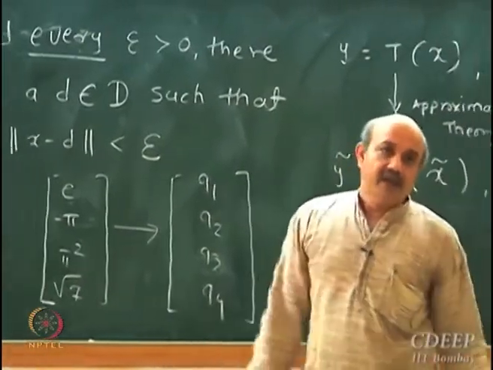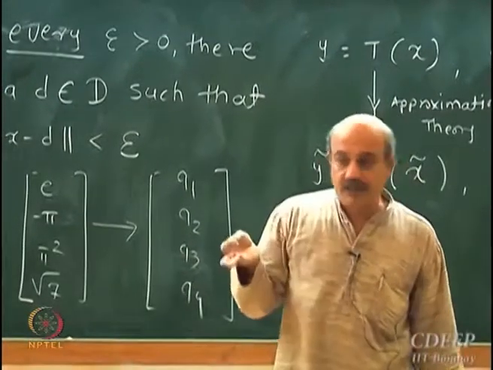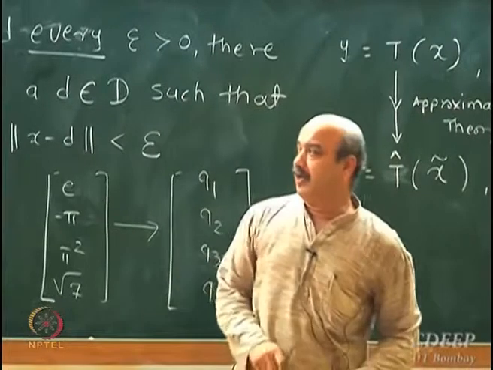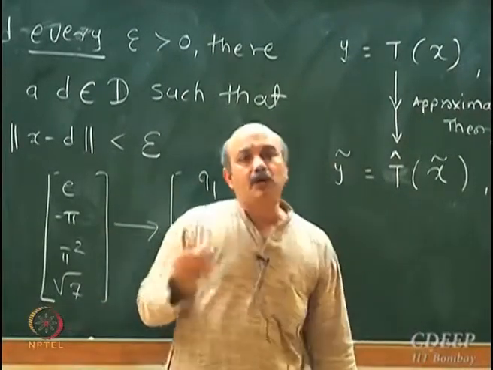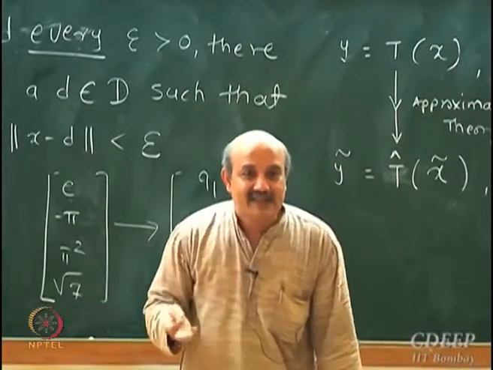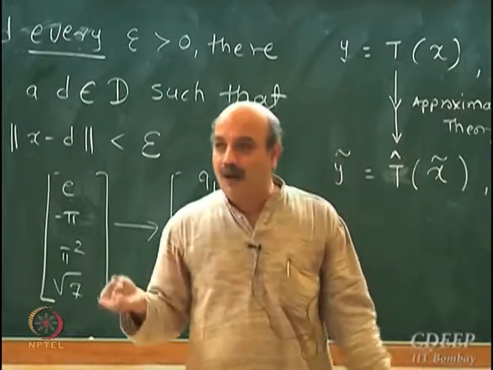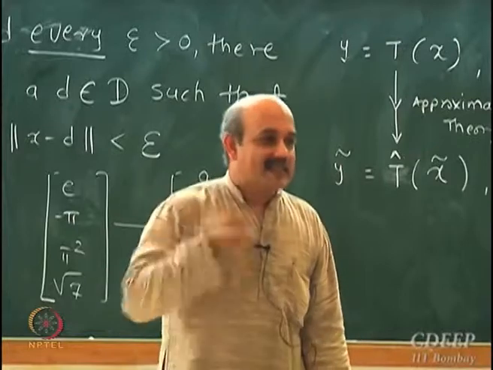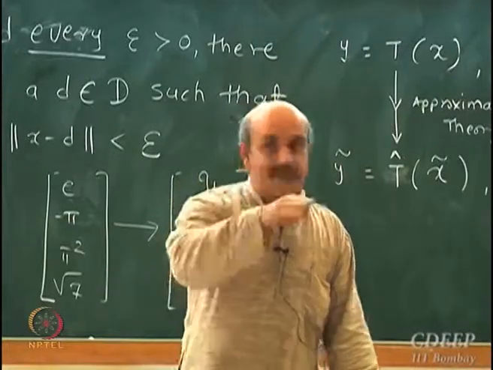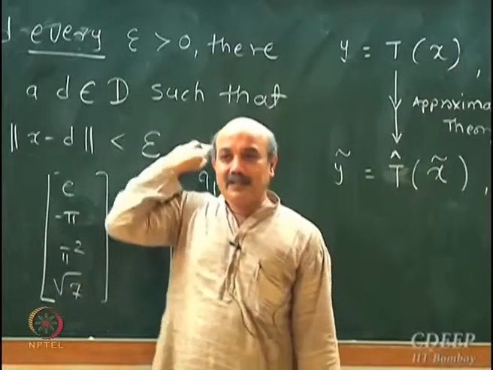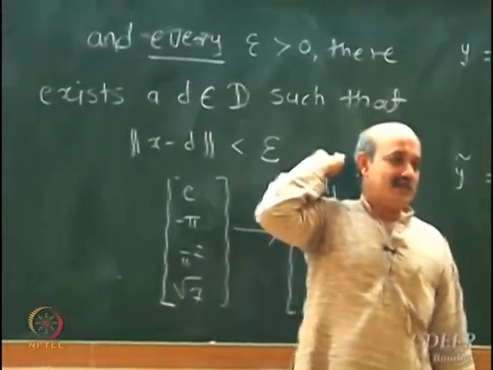The same way I want an analogy in the set of continuous functions. This is a conceptually similar idea: the set of polynomials is dense in the set of continuous functions, in the same sense that the set of rational numbers is dense in the set of real numbers.